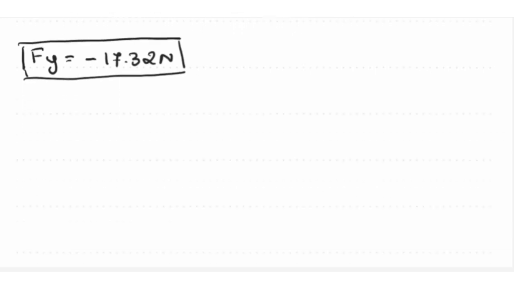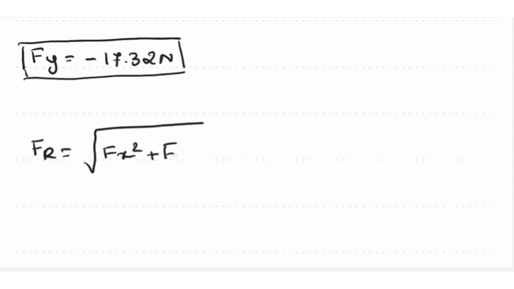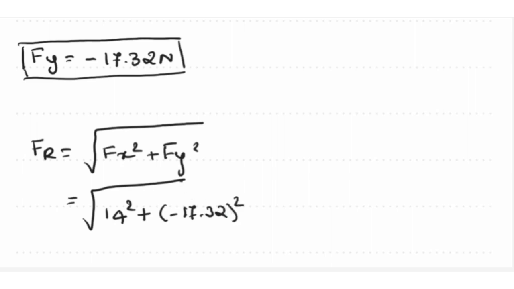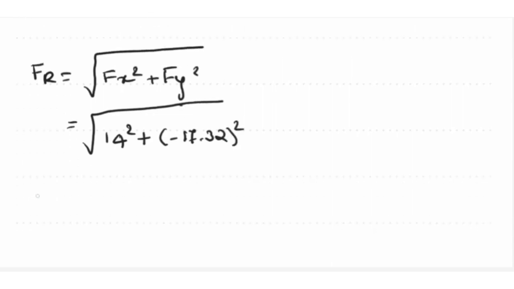So we have to calculate the resultant force Fr is equal to square root of Fx square plus Fy square. So that is Fx is 14, Fy is minus 17.32, whole square. So we have to solve it.